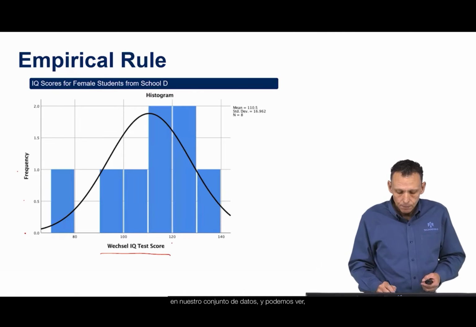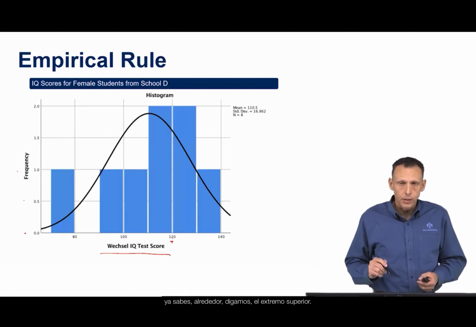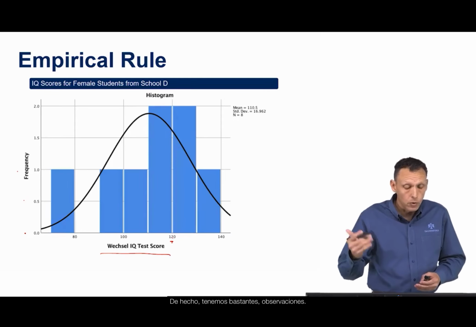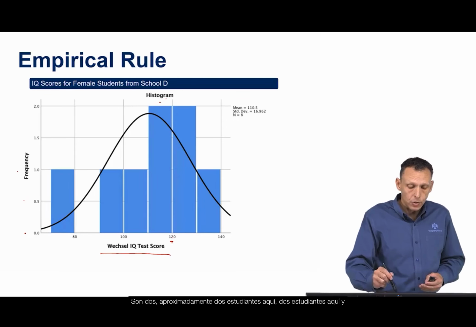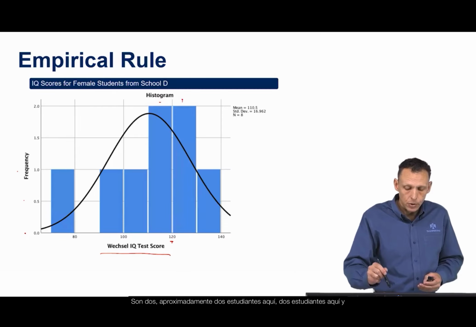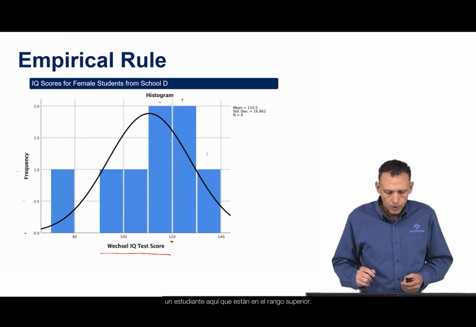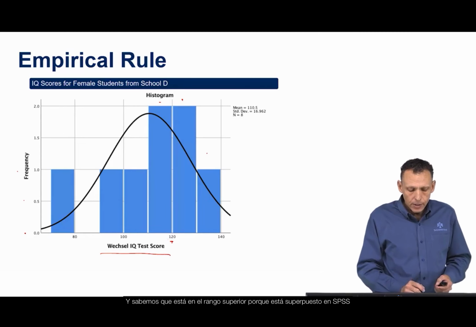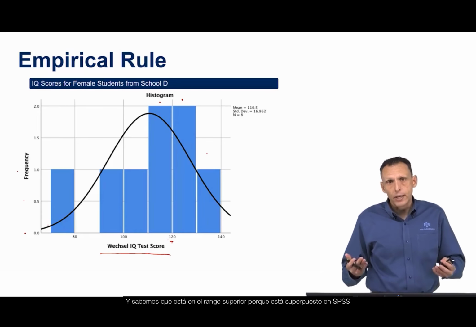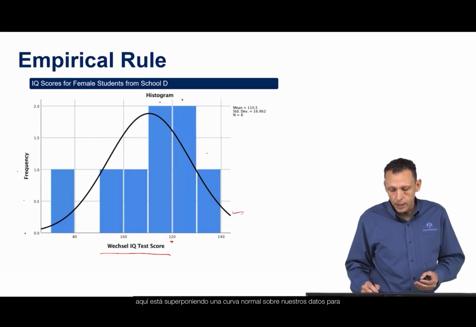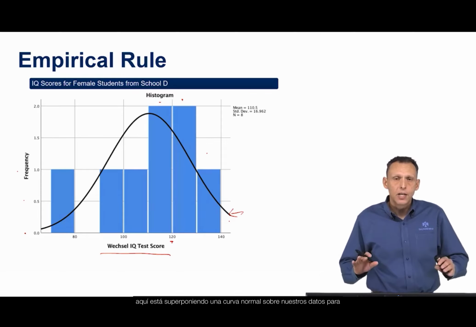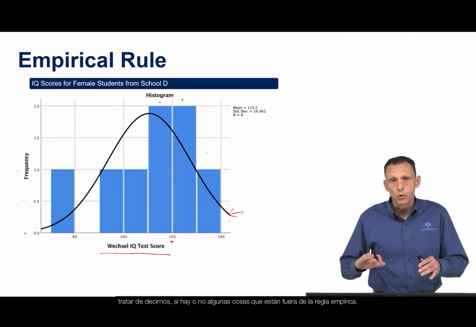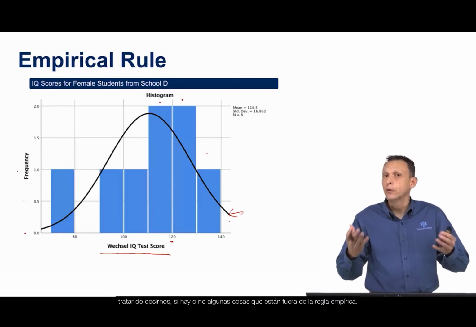Around the higher end, we have quite a few observations: about 2 students here, 2 students here, and 1 student here on the upper range. We know it's the upper range because SPSS is overlaying a normal curve on top of our data to tell us whether there are things outside of the empirical rule.